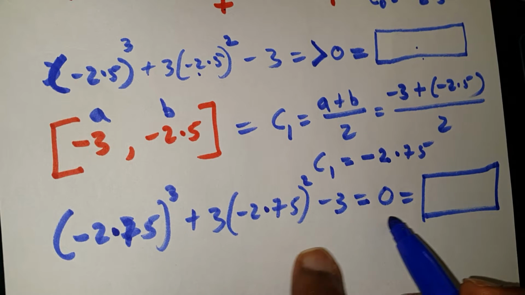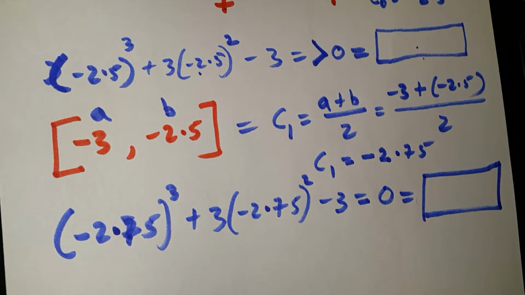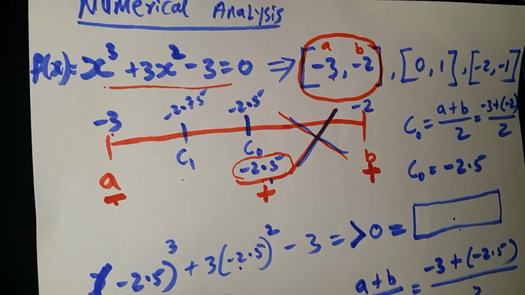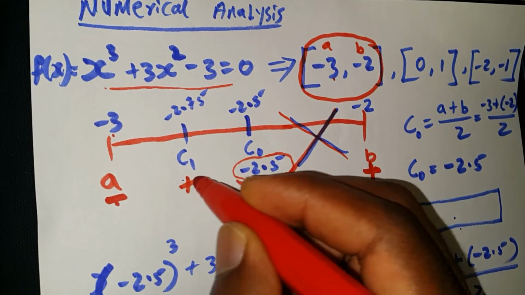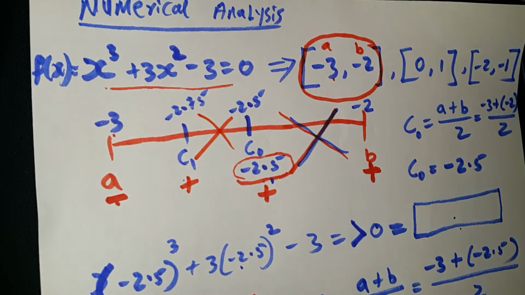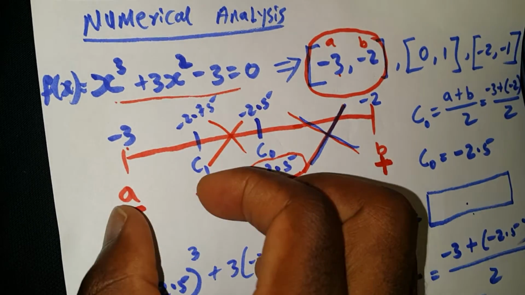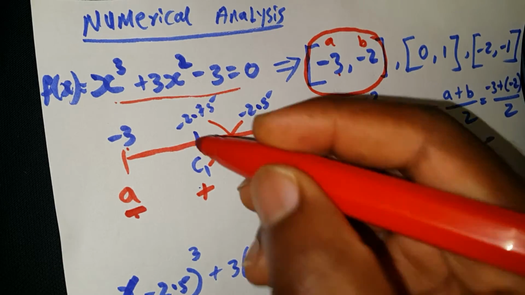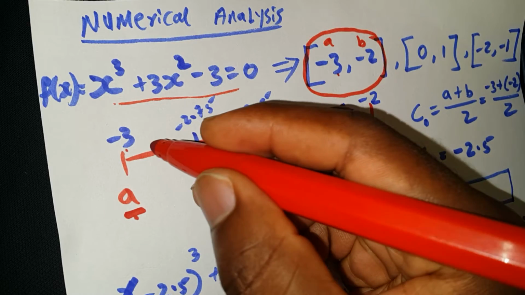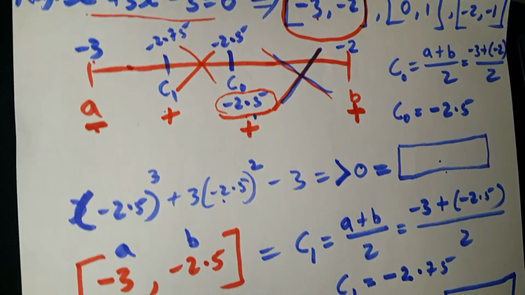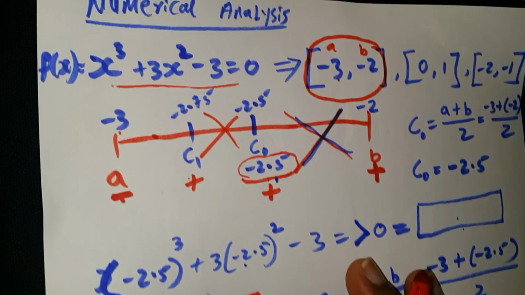If we solve for this and find the value, if it is positive, you come here and say positive, which means this place is gone. You come here and use negative and positive, and then you find your midpoint. You call this middle C2 and use this one to solve it.